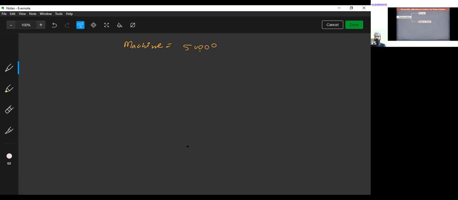It is given in the question that the value of the machine depreciates every year by 10%. That means depreciation will be applied every year at the rate of 10%. That means 10% of 50,000 will be how much? It will be 5,000.